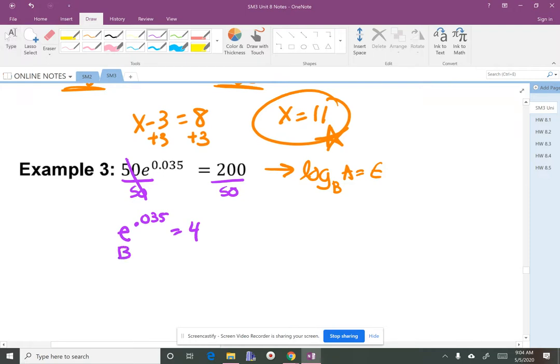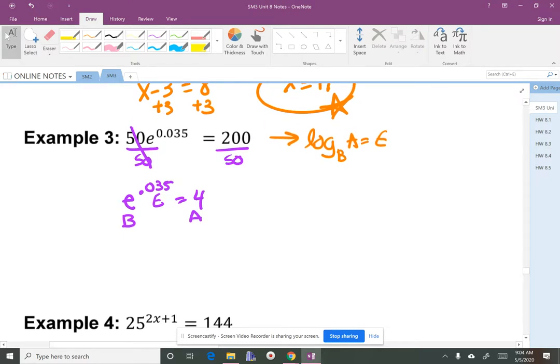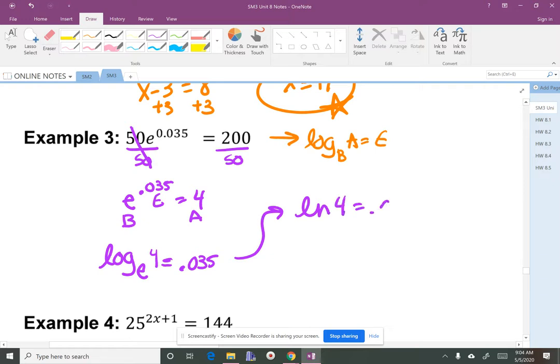Okay. So then I have a base, I have an exponent, and I have an answer. So I can change form. It says log base e of 4 equals 0.035. That's really the ln of 4 equals 0.035.